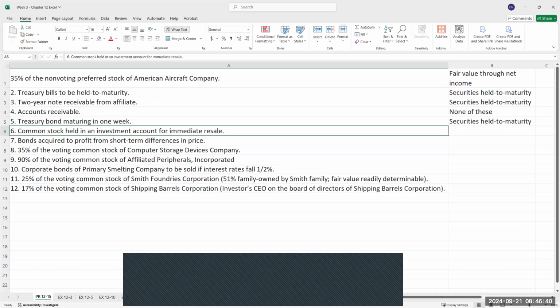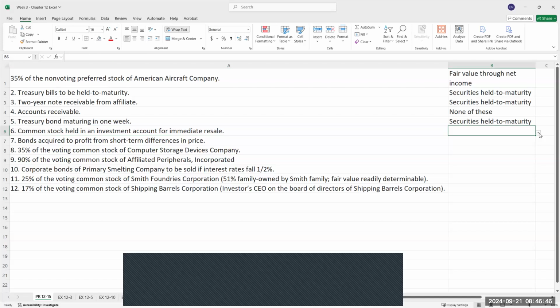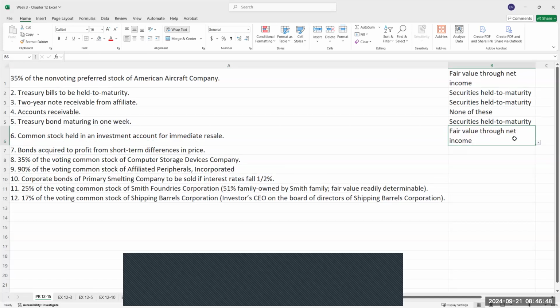Next, we have common stock held in an investment account for immediate resale. So this would be classified as fair value through net income. We're holding on to the common stock and we are planning to resell it. All right, so this would be considered that we do not necessarily have significant influence.